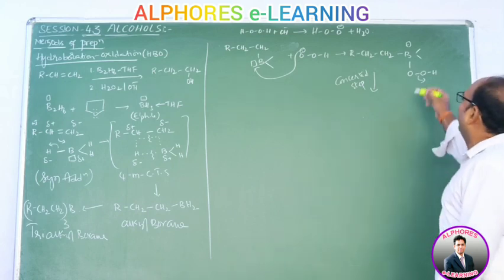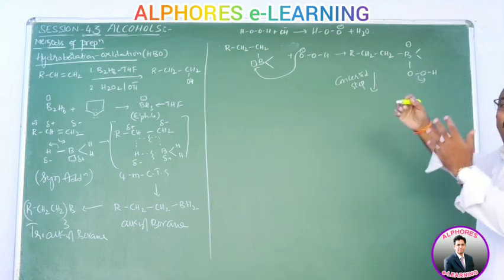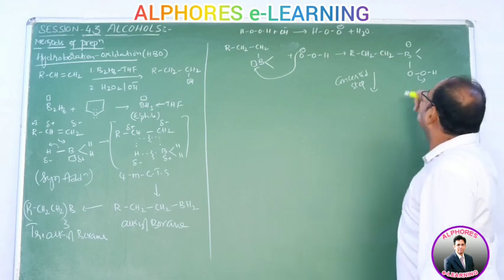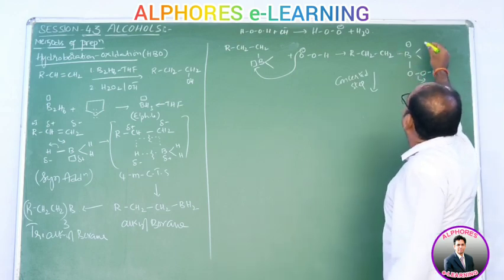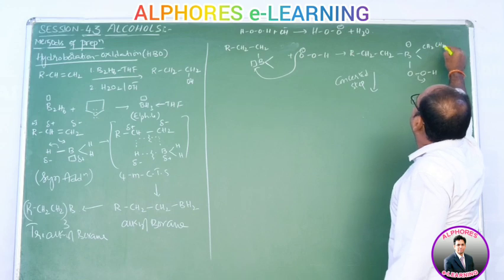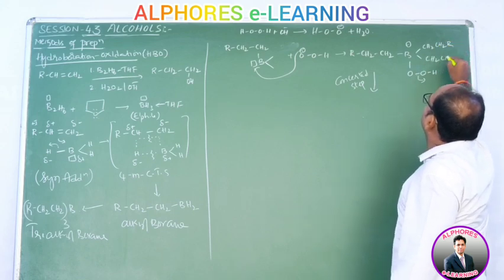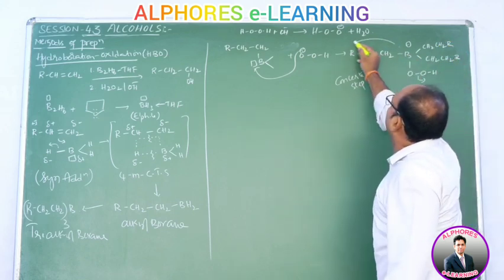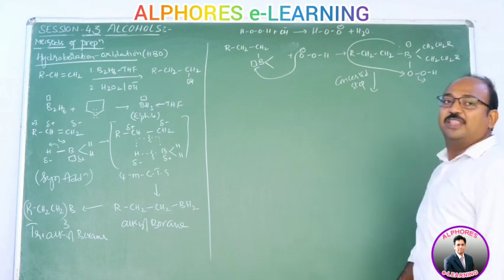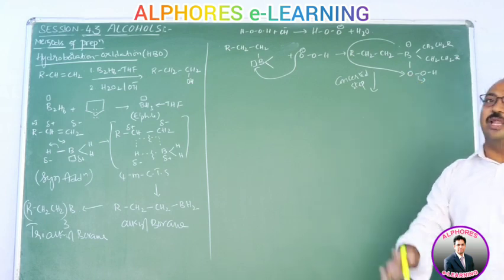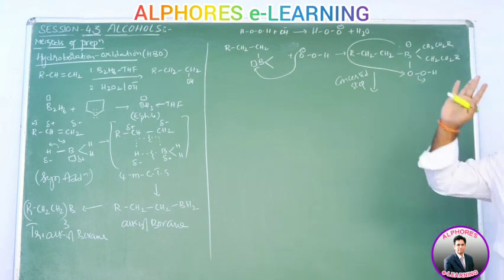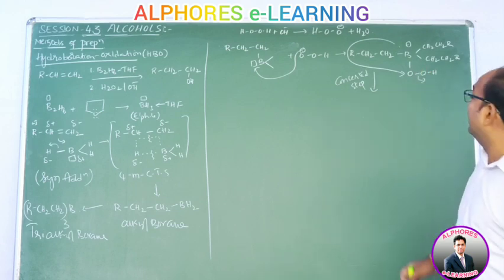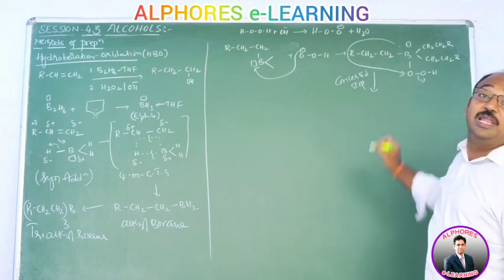So here, whenever this OH tries to leave as OH minus, one of the alkyl groups, CH2R like that, is going to migrate along with its electron pair, because boron is now electron rich with a negative charge. Hence, this alkyl group can migrate freely.